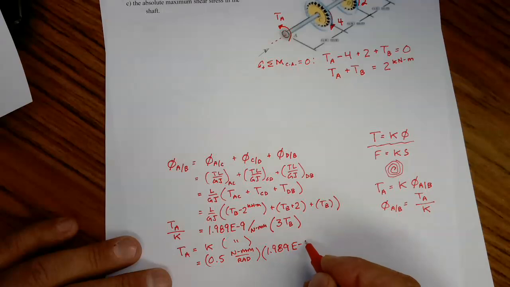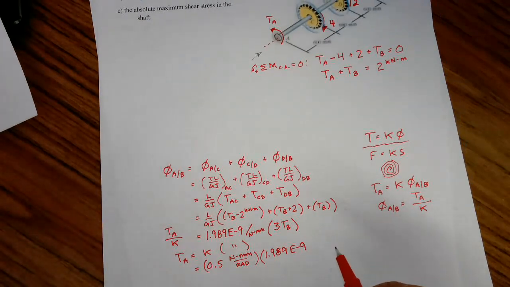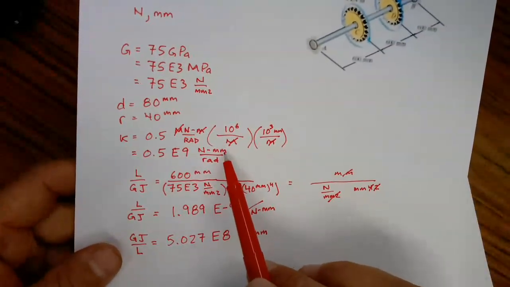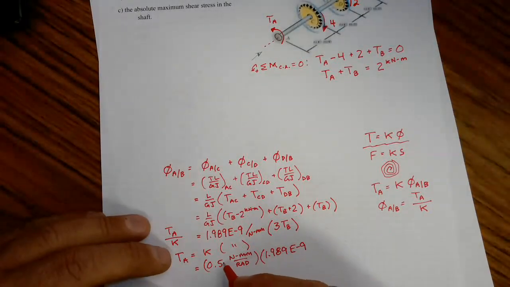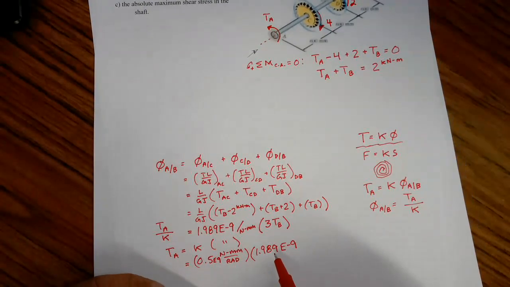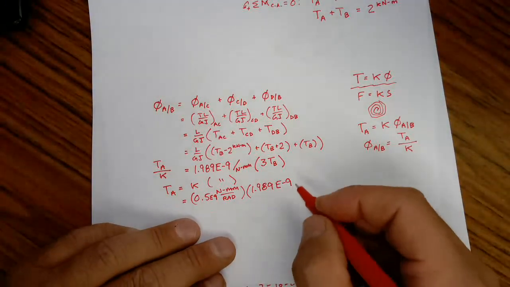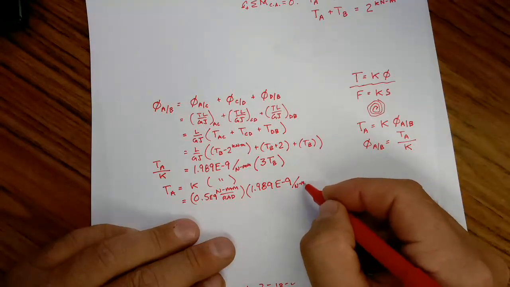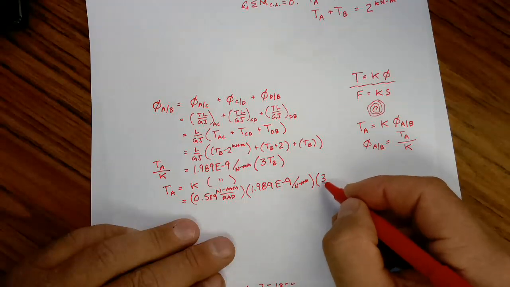I skipped something, right? 0.5 E9 Newton millimeters per radian. So we're going to squeeze that in there, E9. 1.989 E minus 9 per Newton millimeter times 3 TB.